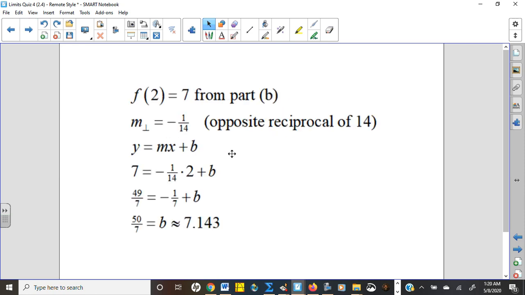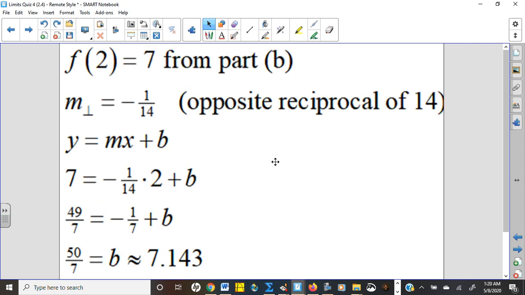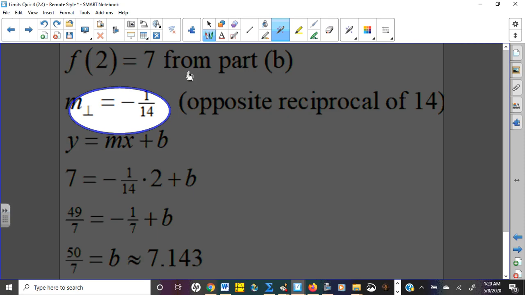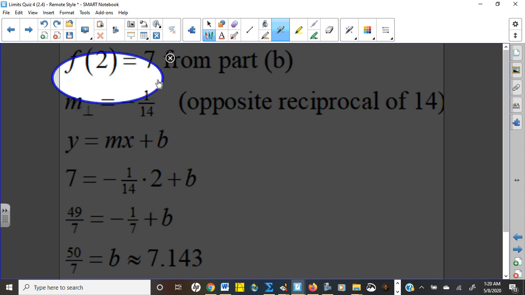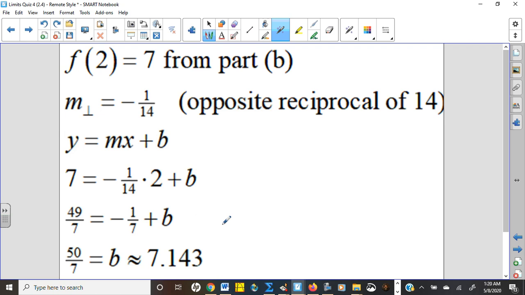Most of you immediately knew that you needed a perpendicular slope, and the opposite reciprocal of 14 is negative 1/14, and so you dialed up the correct slope. We're still using the same point, the point (2, 7), and so we're just going to plug in, and you ended up getting 57/7 or 7.143 if you want to use that.